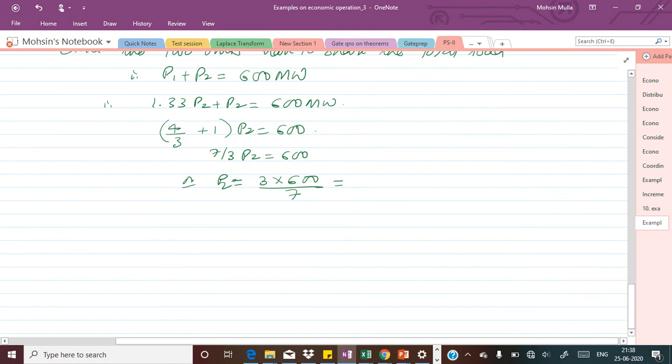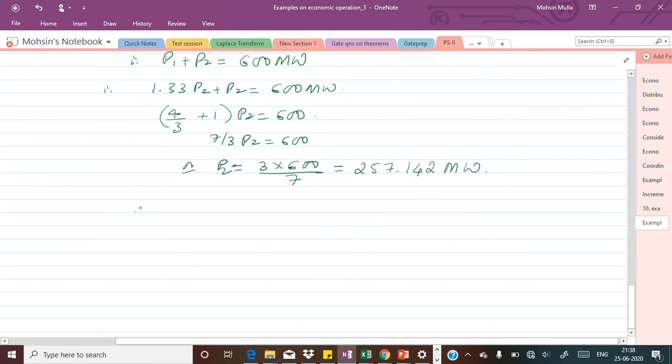So let me just calculate and put the value. So 257.142 megawatt. Okay, so out of 600 megawatt, P2 is going to share 257.142 megawatt. Therefore the remaining load will be shared by P1.